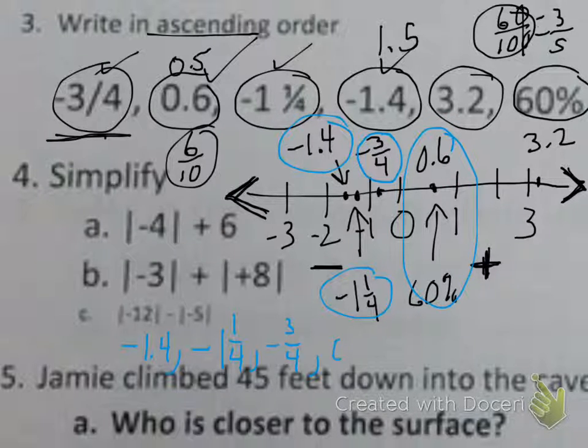So we could put 0.6 and then 60%, or we could have these backwards. It wouldn't make a difference because they're both identical. And then finally we have 3 2/10. So that's one way that we can go ahead and solve this problem.